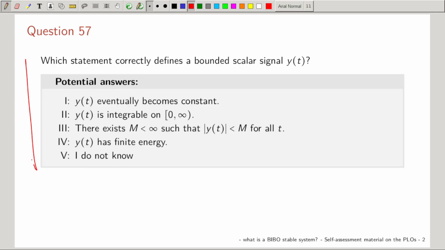Let's go here, just to be sure. How would you define a bounded scalar signal? You should have done this one. This is the definition.